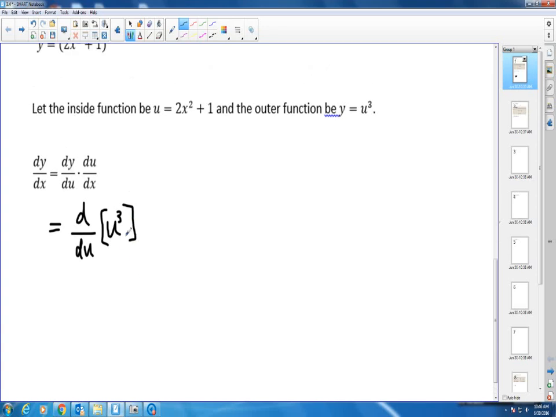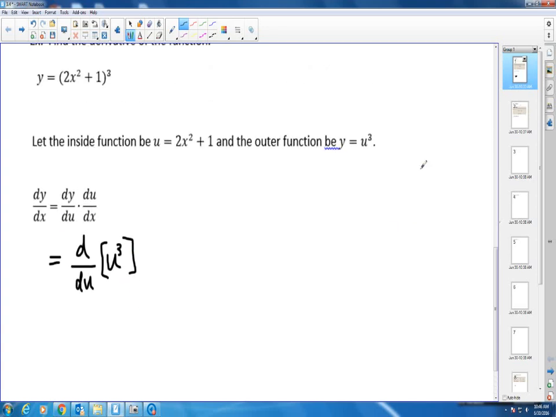Basically what I'm saying is I'm taking a derivative of my outside function, which is u to the third, times the derivative of my u, which is 2x squared plus 1, with respect to x. So that will be the derivative of that 2x squared plus 1 with respect to x.